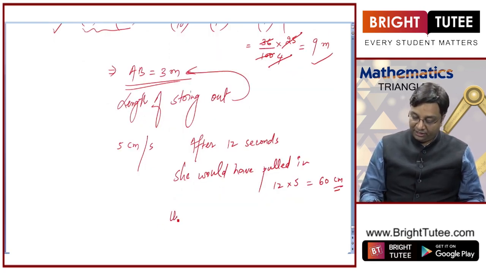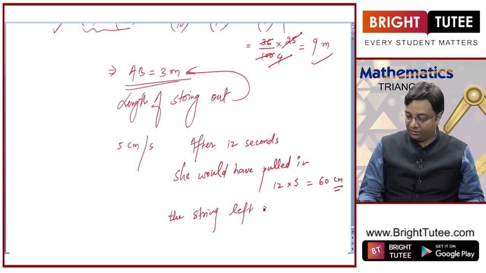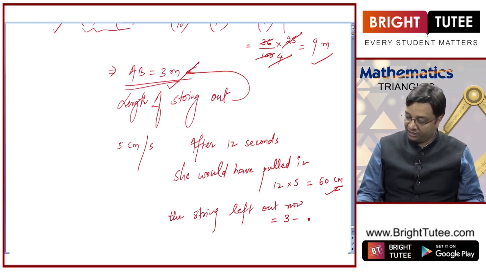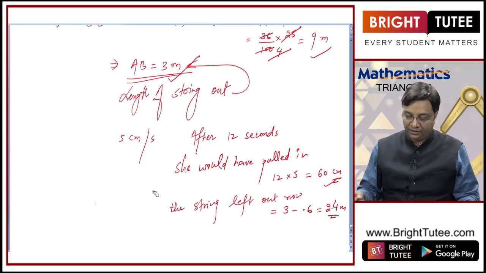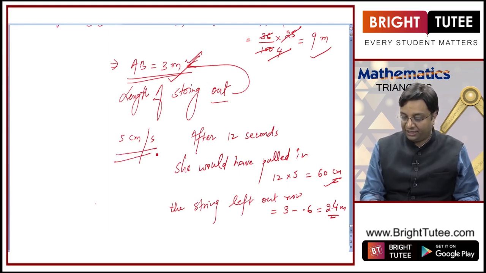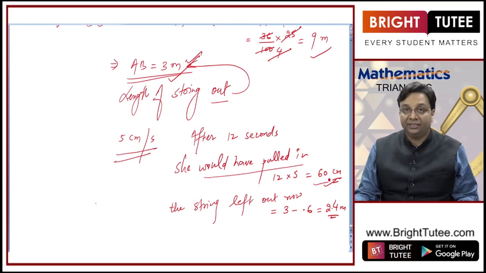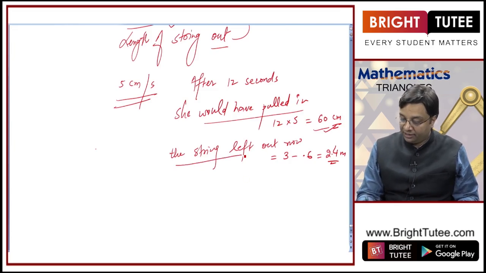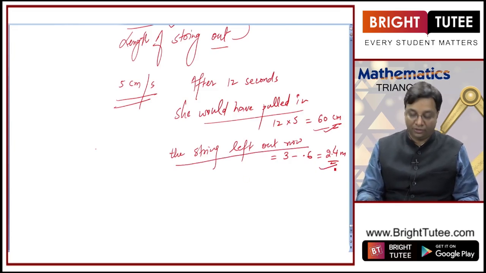So the string left out now is equal to 3 meter minus 60 centimeter, that means 3 minus 0.6, 2.4 meter. So now the length of string out is 2.4.